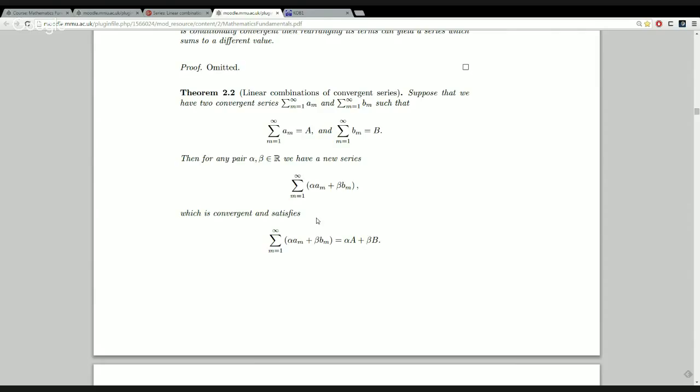We mightn't be that confident about it, we might want to prove it, but really there's only one candidate answer: take the corresponding linear combination of the limits. Alpha times the limit of the first one plus beta times the limit of the second one. It'd be perverse if the new limit was A multiplied by B, because we haven't done any multiplication of A by B here, we just added them together. That would be very strange.